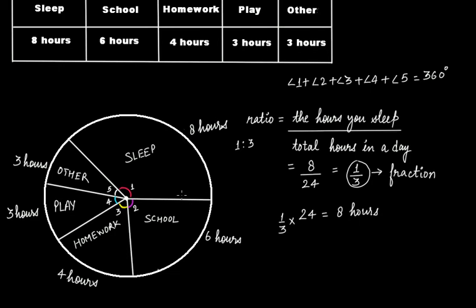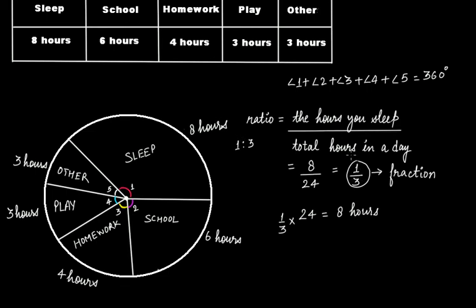Now tell me, if the hours you use are 1/3 of the 24 hours, it means that the angle made by this sector, which represents the hours you take for sleeping, will be 1/3 of 360 degrees. Yes, because the ratio of the hours you sleep to the hours in a day is 1/3.